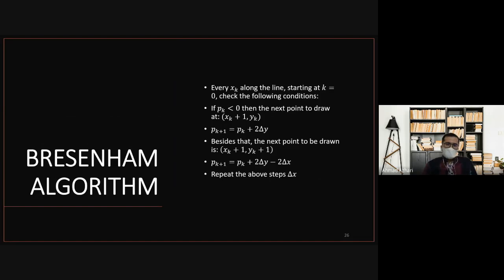First, if the current parameter p is less than 0, the next point you draw is x plus 1, and y stays the same as the current state. Then the next parameter p is calculated by this equation: p plus 2 multiplied by delta y.